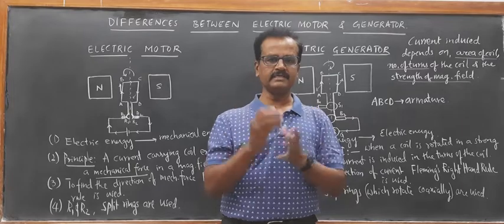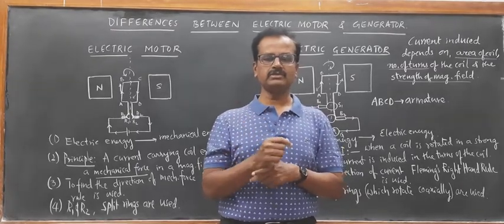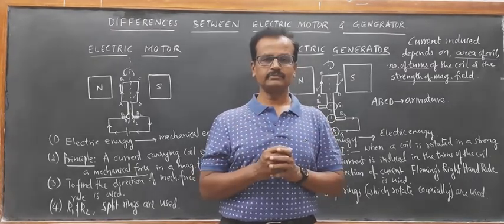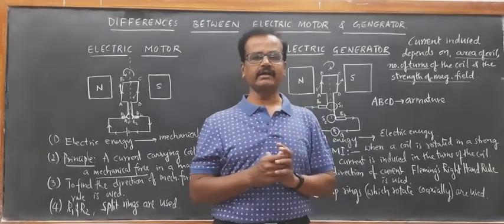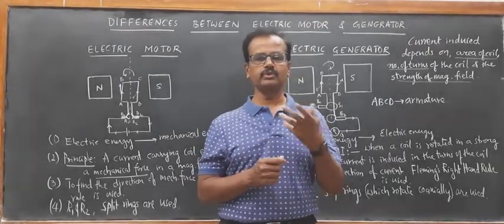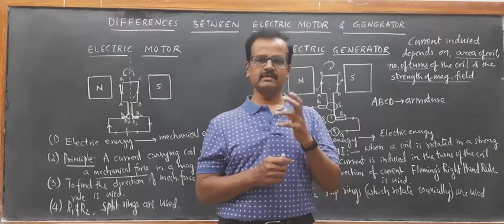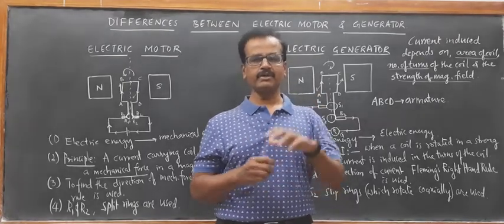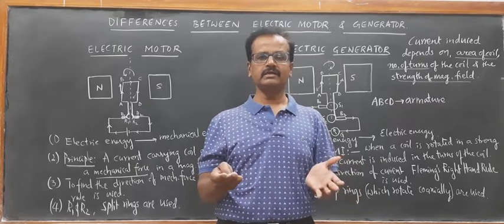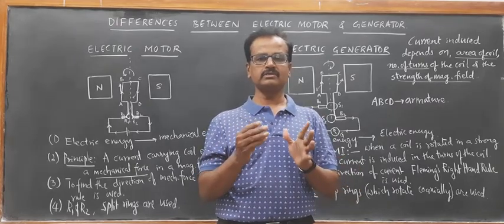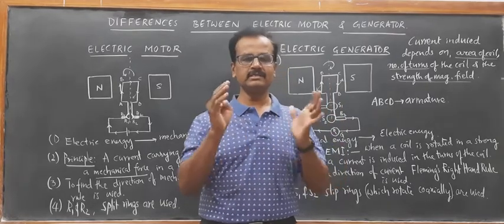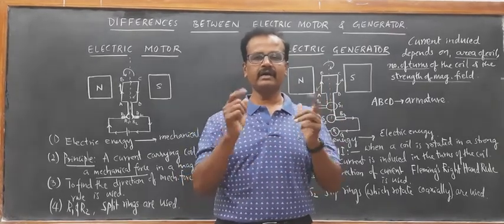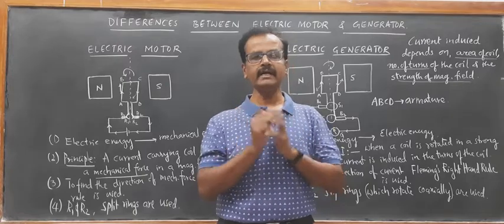So in case of DC, the electric power loss is very huge. Whereas in case of alternating current, the electric power loss due to Joule's heating effect is minimized by using transformers. This is the advantage of alternating current over direct current.